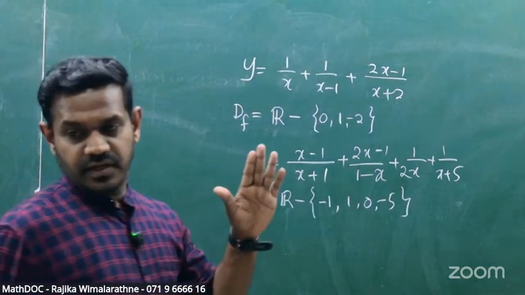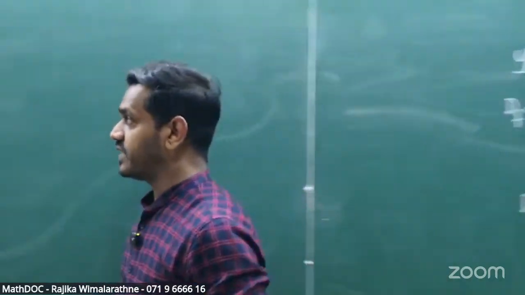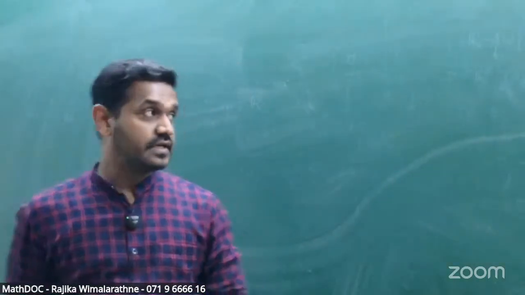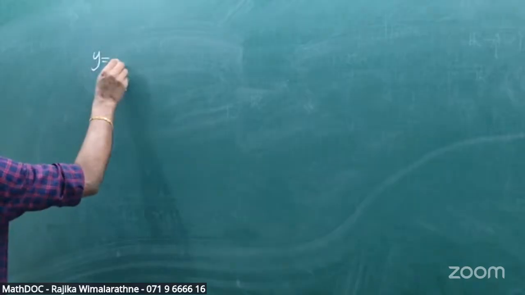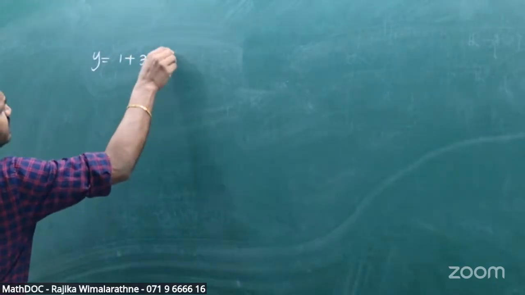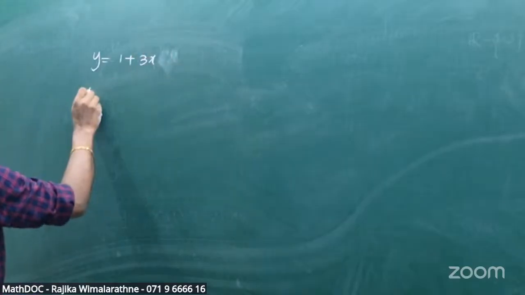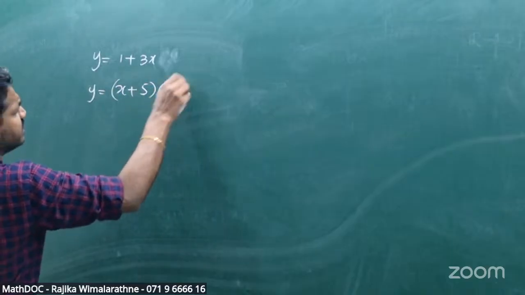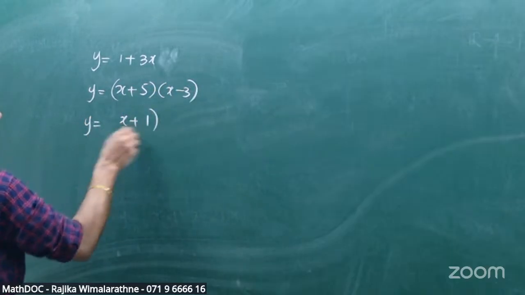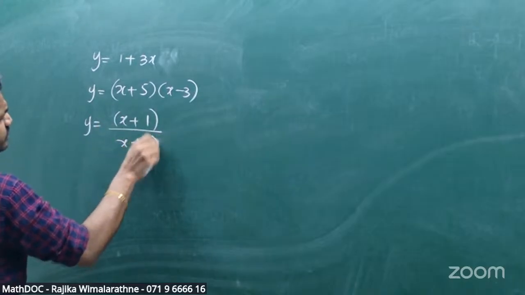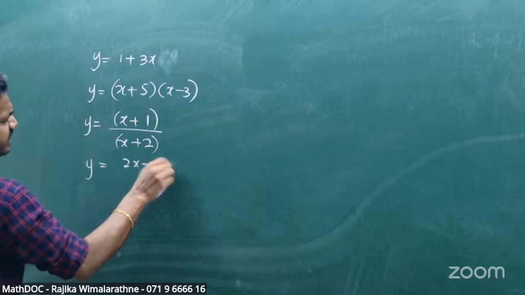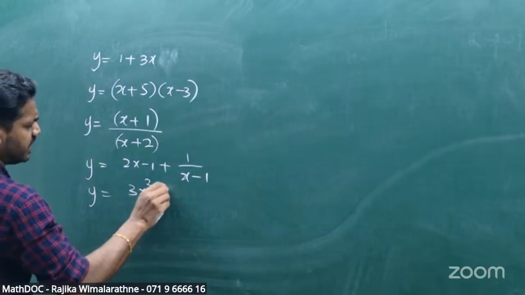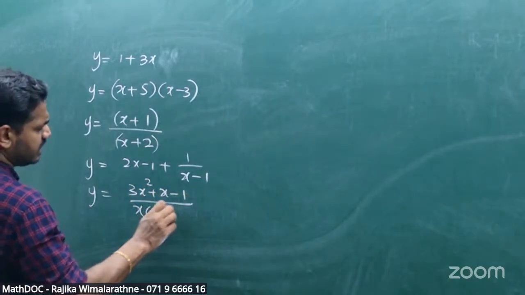Okay. Now you do these questions. You try to find the domain. Write the domain at once. Y equals 1 plus 3x minus 3x. Y equals x plus 5 times x minus 3. Y equals 1 over x plus 2. Y equals 2x minus 1 plus 1 over x minus 1. 3x squared plus x minus 1 over x times x minus 5.